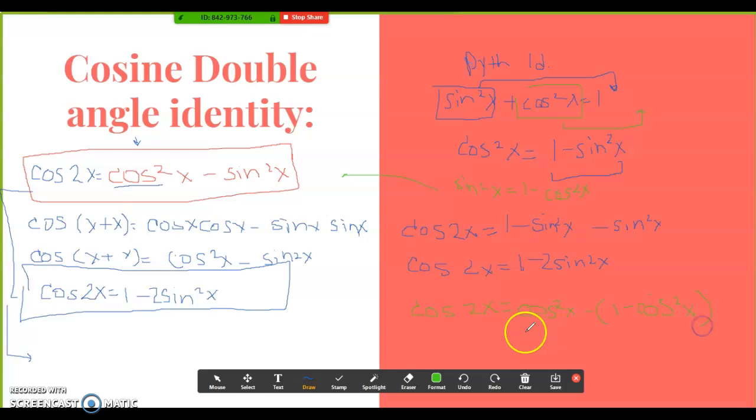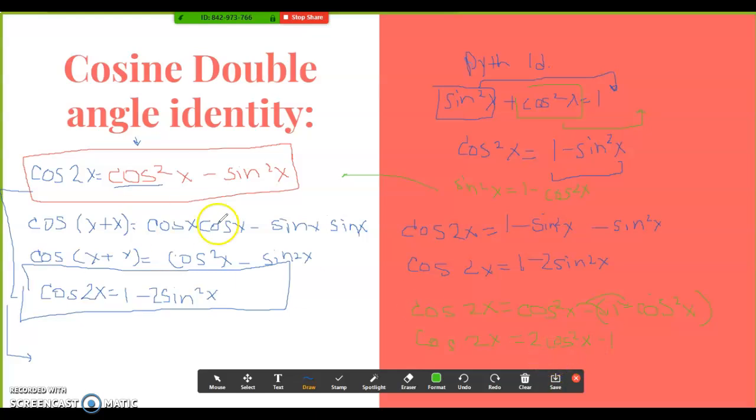And notice what I would end up with is another way to write the double angle formula for cosine, which would be, remember I got to carry this negative throughout, right? So I would end up with a minus 1 plus cosine squared x. So we would end up with 2 cosine squared x minus 1.